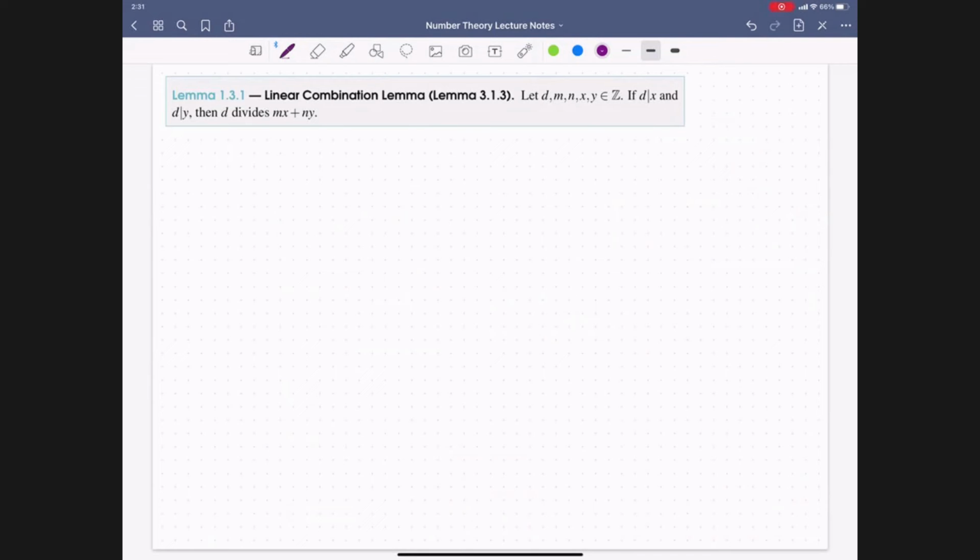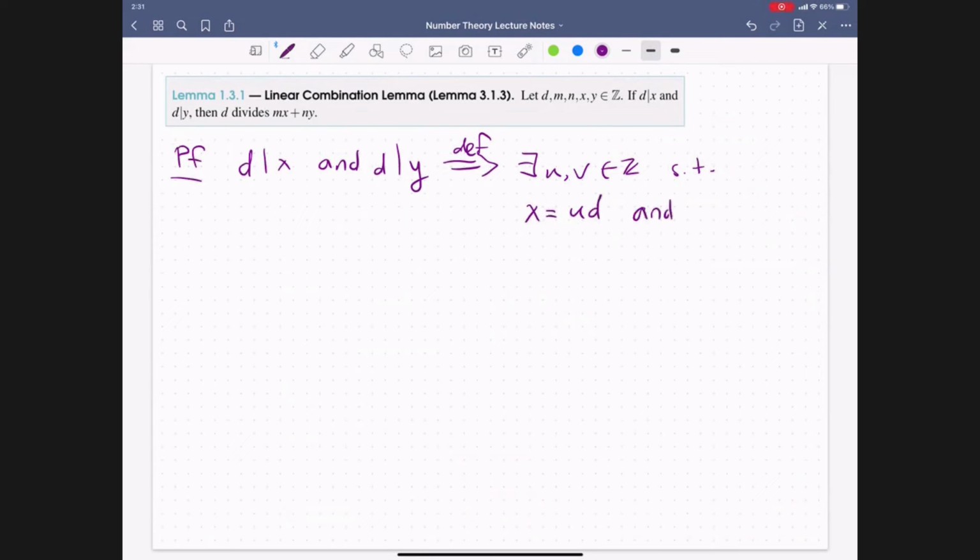And this is quite easy to prove, because we just have to go right through the definition. So let's apply the definition. So we know d divides x and d divides y. By definition, that means that there exist u and v integers such that x is equal to u times d and y is equal to v times d.